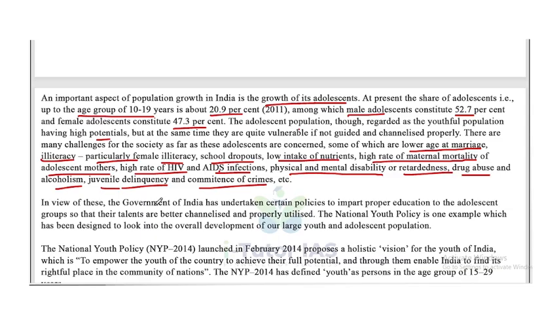Now, in view of this, the Government of India has undertaken certain policies to impart proper education to the adolescent groups so that their talents are better channelized and properly utilized. The National Youth Policy is one example which has been designed to look into the overall development of our large youth and adolescent population.